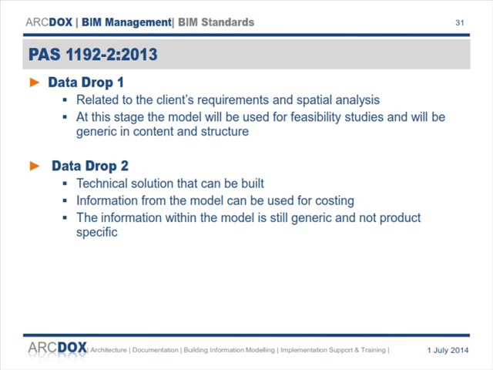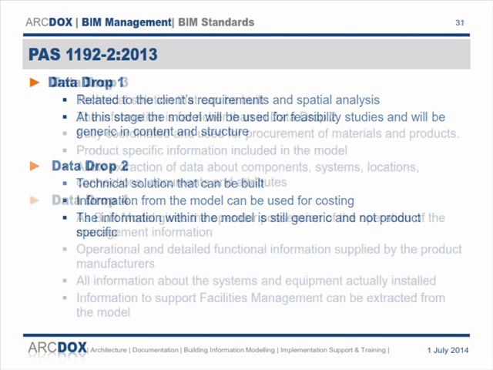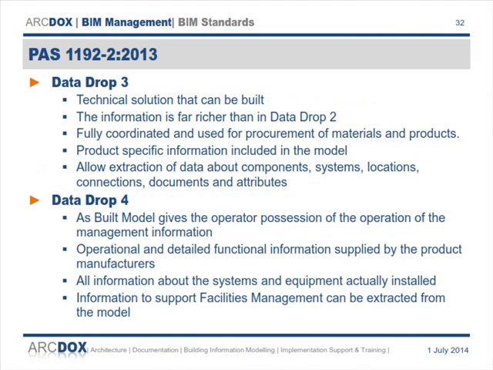It's a technical solution, something you could actually build, and some of the information can be used for costing. But a lot of the information at this stage will still be fairly generic at planning stage. You'll know that you have windows and doors, but you won't necessarily have any idea what types of windows and doors they are. So data drop 3 is really the tender stage.